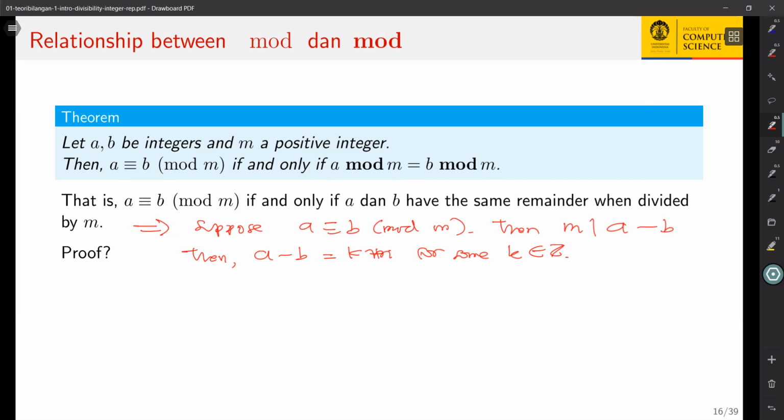That means, of course, that A is B plus KM.